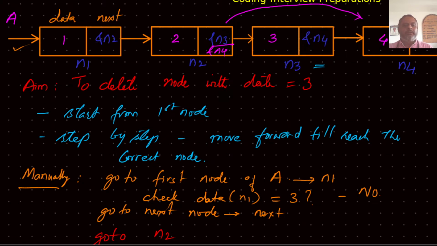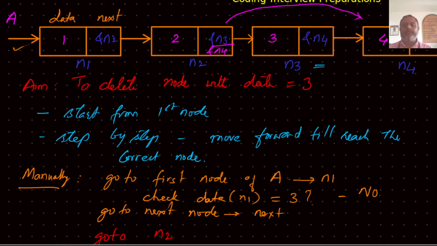So next time when you are searching for something, you look at this node. If this is not what you are looking for, then look at who is next. It is N2. Go to N2. If this is not what you are looking for, then what is next? Next is N4.